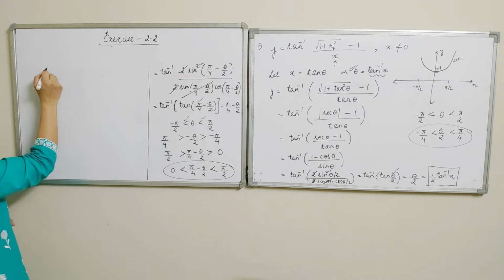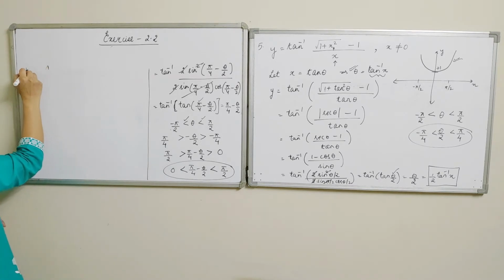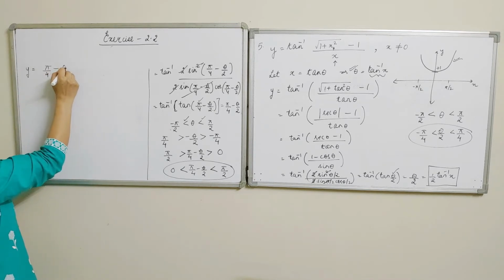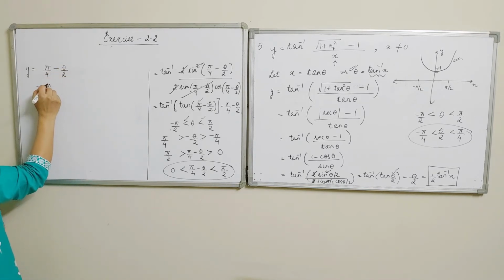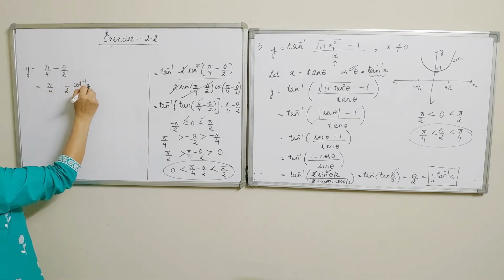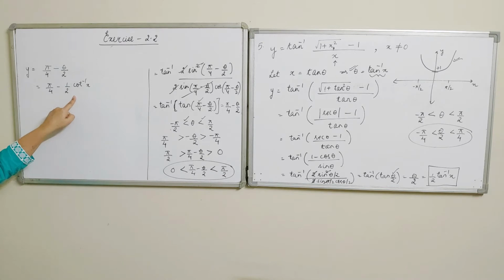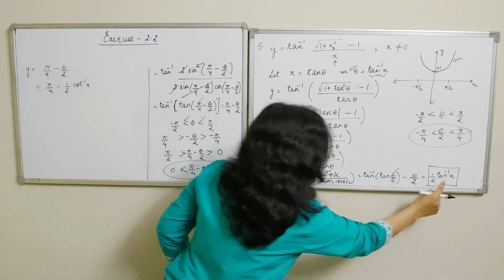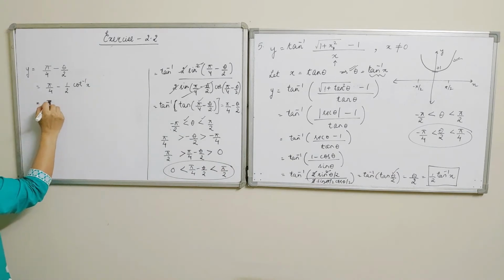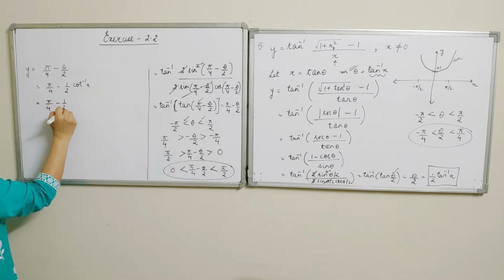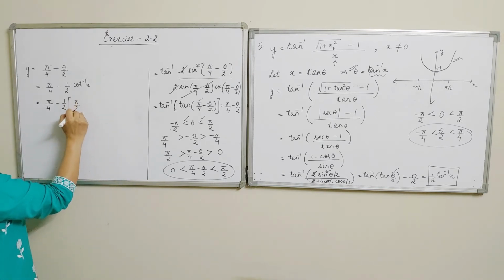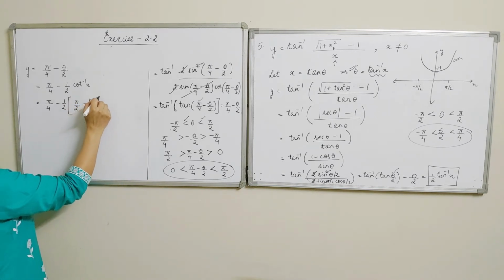So what we are getting here is the value of y is pi by 4 minus theta by 2, where we know that theta is cot inverse x. This result and this result are both the same. How is this possible? Let's check on this. We are replacing cot inverse x by pi by 2 minus tan inverse x.